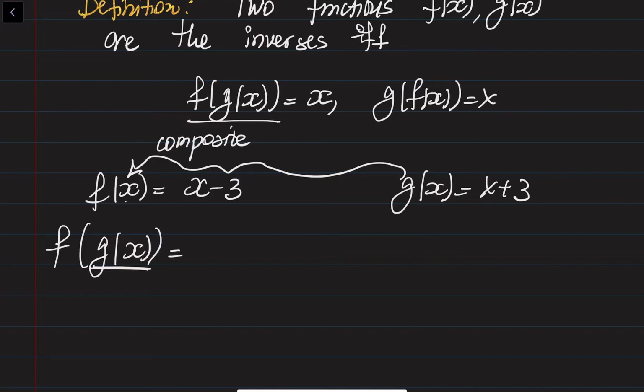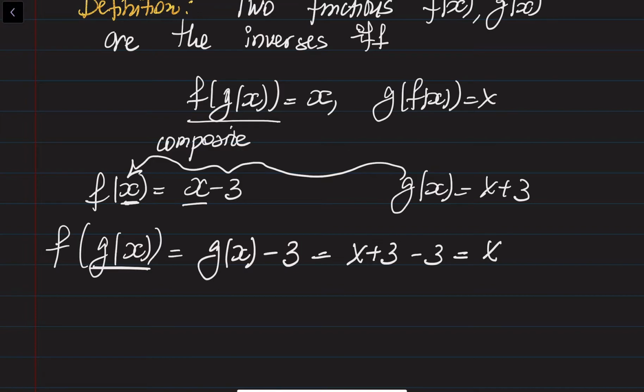So here, if you remember, f of x, where x is some symbol, is this symbol minus 3. And if you would just substitute this x with another symbol, g of x, then you need to do the same thing. So the symbol minus 3. So your symbol g of x minus 3. Now I'm going to just substitute the g of x with its value, which is x plus 3, right? And I need to subtract this minus 3, so it's going to be equal to x.